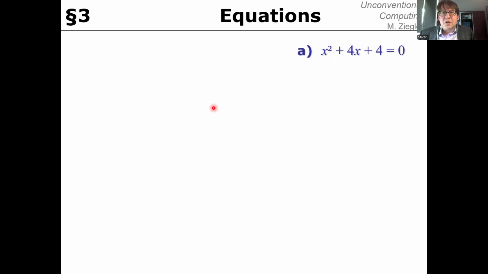This is not even high school, this is still middle school. Any guesses? Can you write your answer in the chat? You can either apply the PQ formula, or you can just guess. So for example, -2 is a solution. Exactly, yes. You already wrote the solution here in the chat.